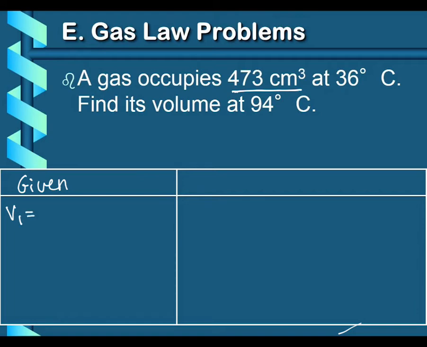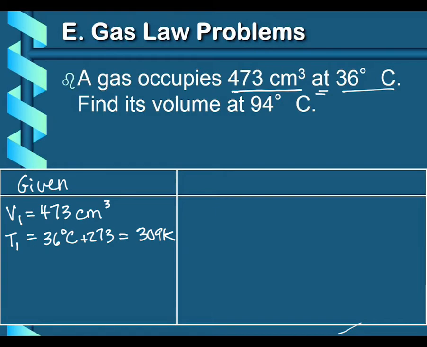So that is the first volume I am given, 473 centimeters cubed. That volume is at 36 degrees Celsius, which is the first temperature I'm given. They go together, so they both get the ones on those. 36 degrees Celsius, I know I have to add 273 to that to get it to Kelvin. And when you add 273 to 36 degrees Celsius, you get 309 Kelvin.